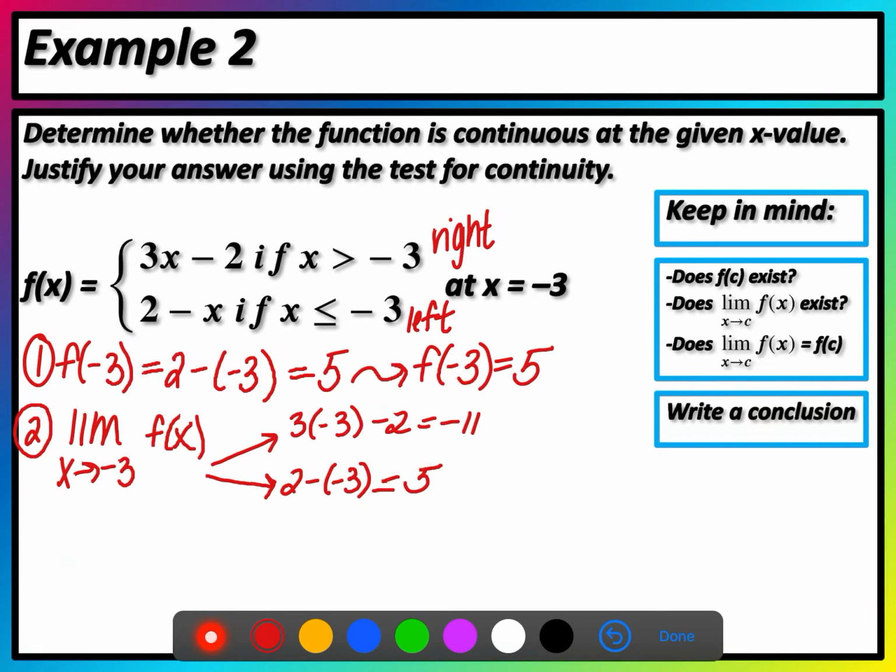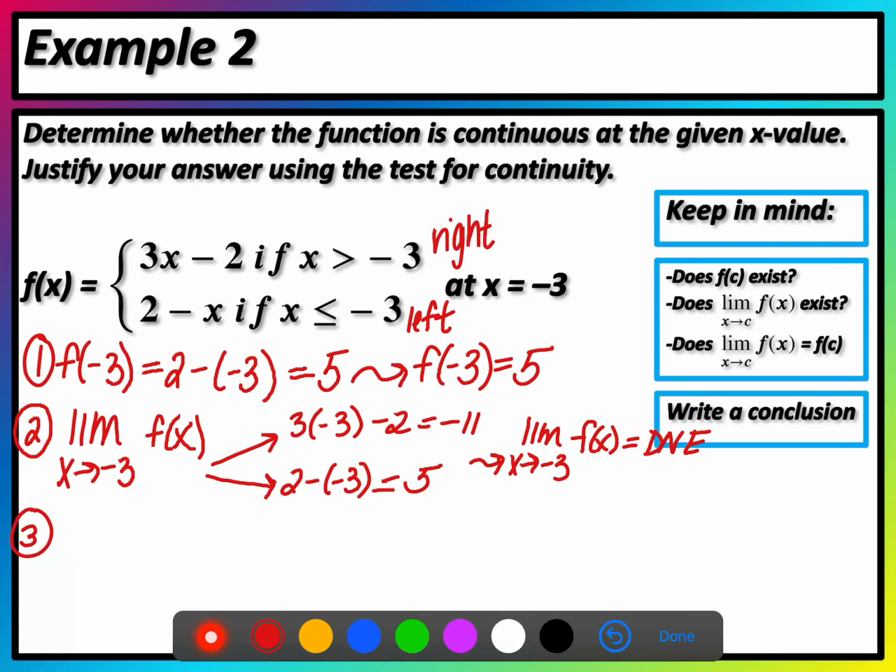So I see that the limit from the left and the limit from the right do not approach the same value. So that means that the limit does not exist.